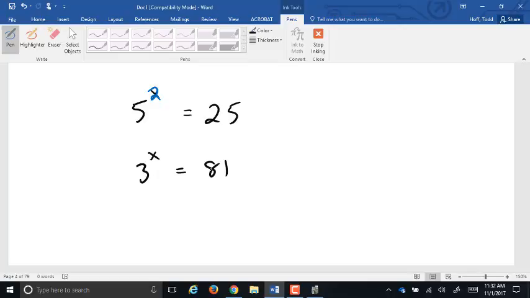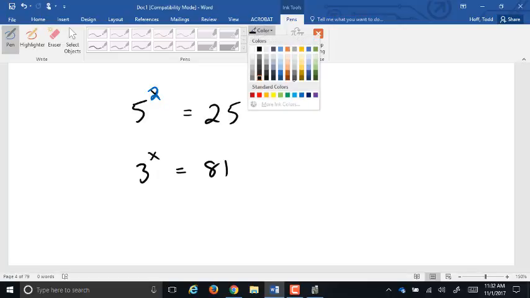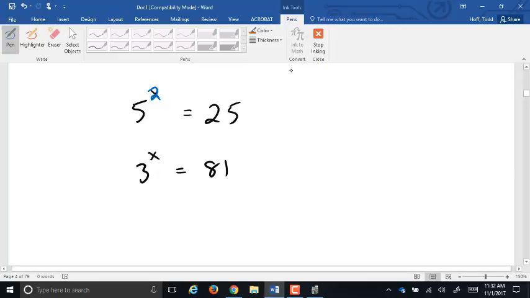Careful. You may have to make a table. Obviously, it's not going to be 1, but try 2, 3, 4, 5, 6. So if x is 2, this is 3 to the power of 2, which would be 9, right?